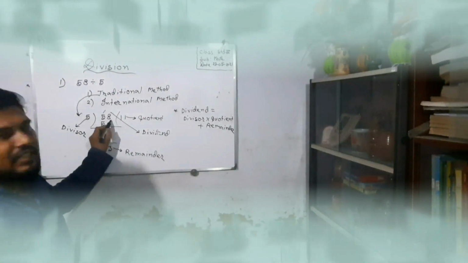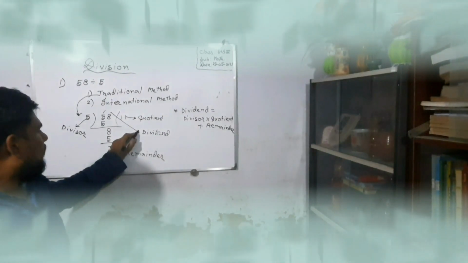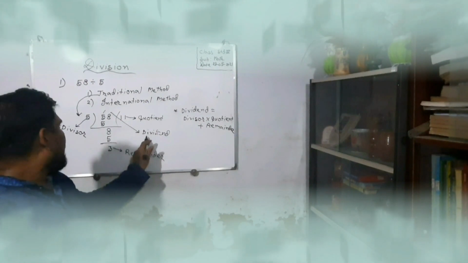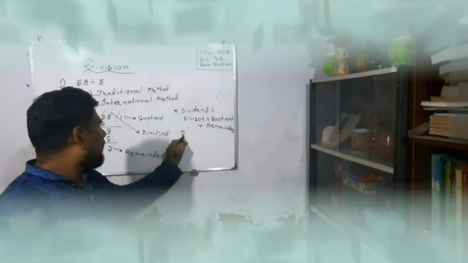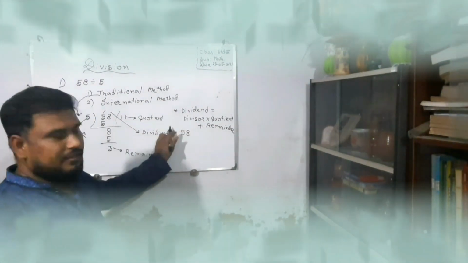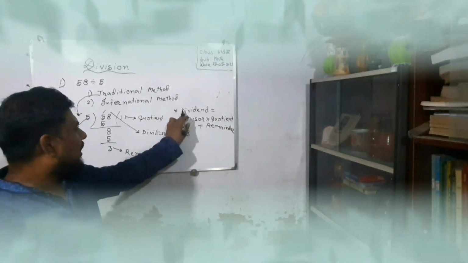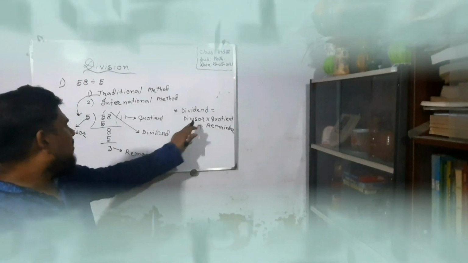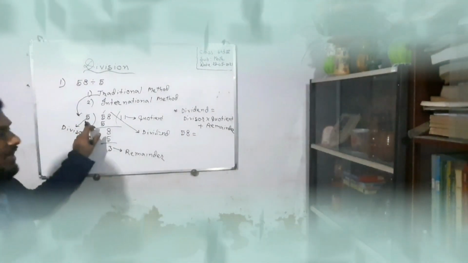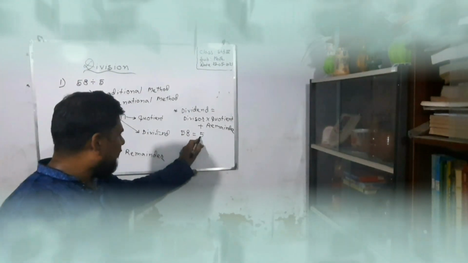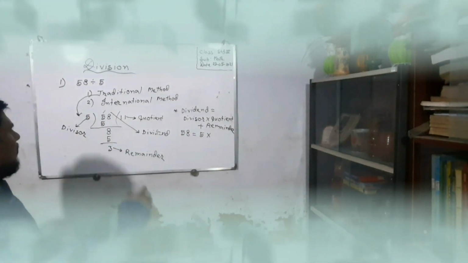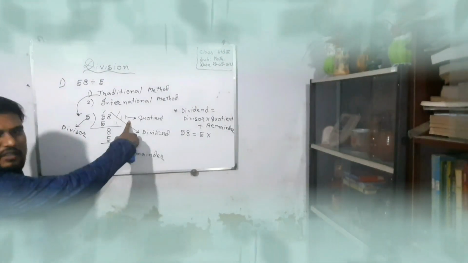Okay, students, dividend is 58. On this left side we can write dividend 58 equals divisor is 5. So we can write 5 here into quotient is 11.